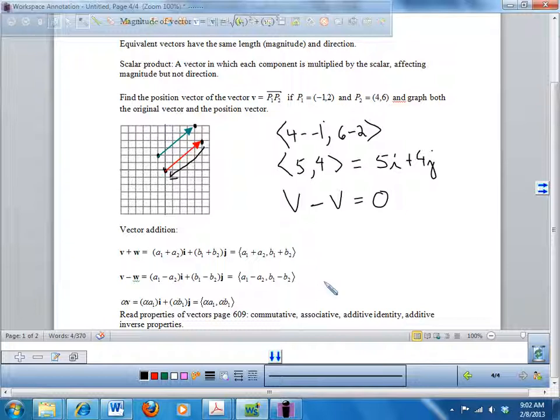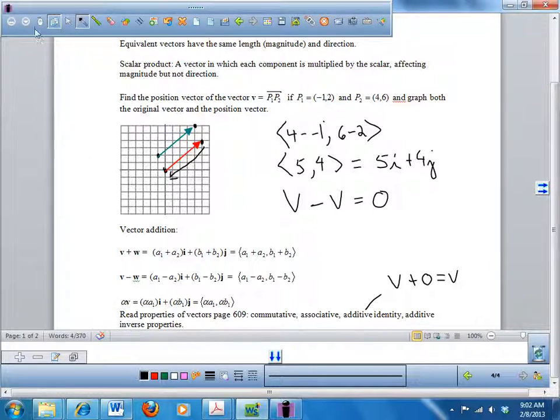If I add them together, my result is 0. Additive inverse property. Oh, additive identity. I think that's the additive inverse property. The additive identity property means that if I add the 0 to it, I get out the same thing. Additive inverse means if I add the opposite, I get 0. Okay, so that's what that's all about.